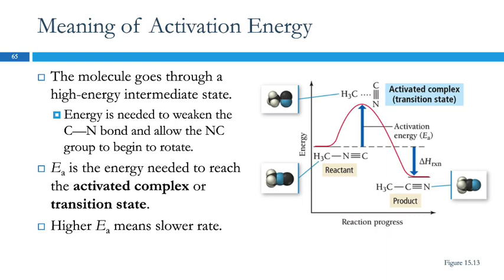How hard you hit the ball is how much energy it has. That's related to the temperature of the substance. How frequently you hit balls at the hump also affects how many will go over. Because if you just hit one ball every hour, you're not going to get very many balls over the hump, right? But if you hit one every second, you're going to get a lot more over.